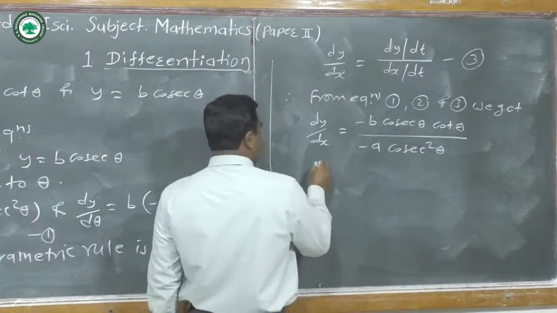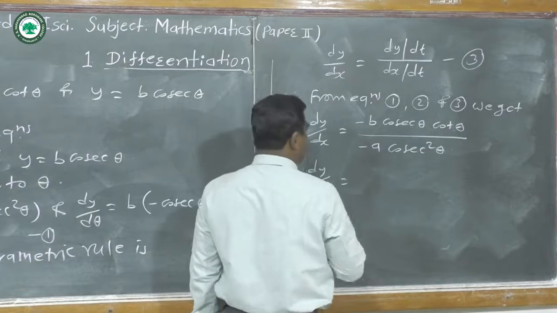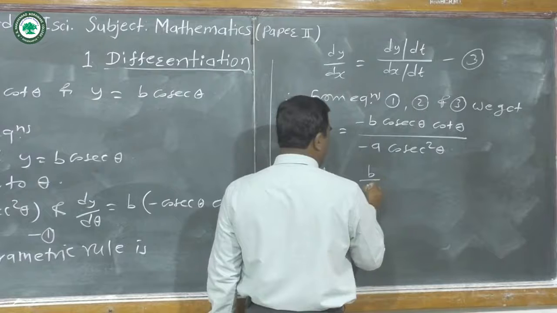Okay, that is dy by dx equal to minus upon minus plus, b upon a as it is.